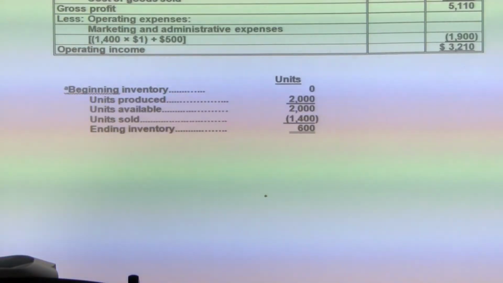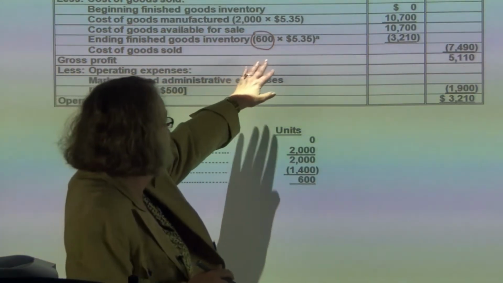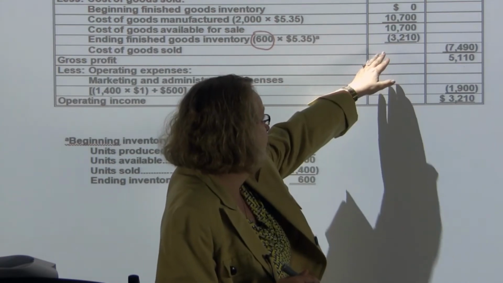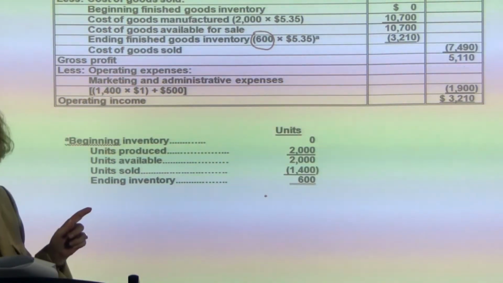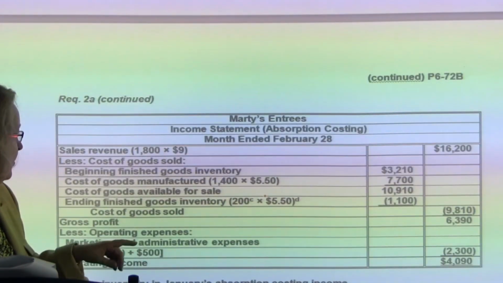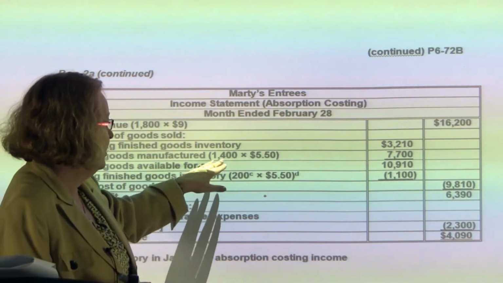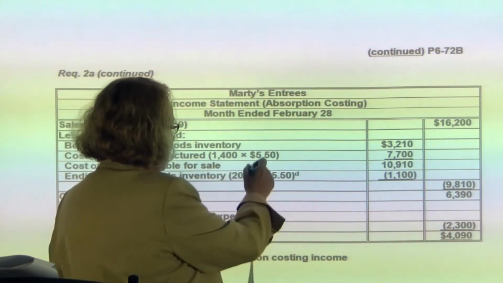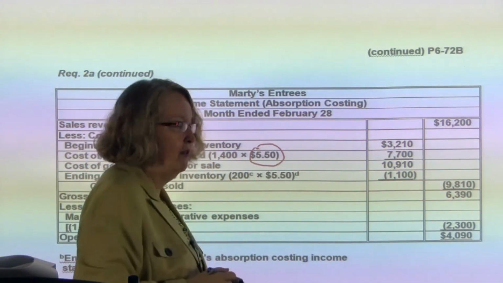You don't need to redo it. So our ending inventory, the 600 units at $5.35, is $3,210. So that's your inventory at the end of January. That, of course, becomes your beginning inventory at the beginning of February. Produced 1,400 units, but now you see the price per unit in February is $5.50, not $5.35.